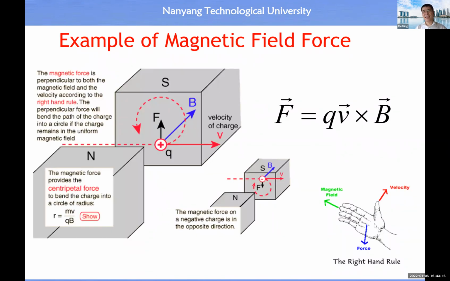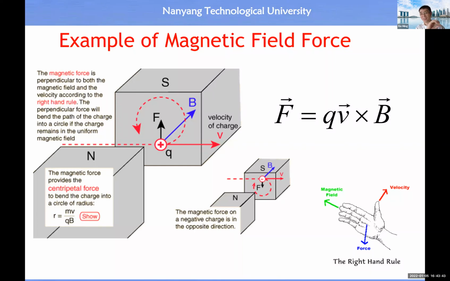The third type of popular field force should be the magnetic field force. For example, if we have an electric charge flying inside a magnetic field, the motion of the electric charge is equivalent to current. Current means the flow rate of charges, you remember?